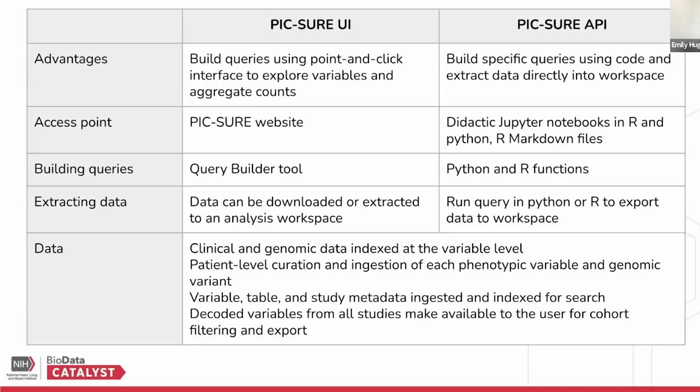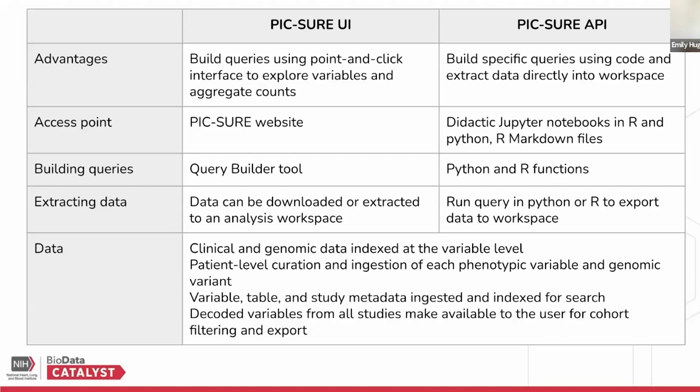So here's just a quick summary of the two parts of Picture. There's the UI, user interface, and the API, application programming interface. I'm not going to go through this in too much detail. I just wanted to provide it more as a resource for you if you're not familiar. But just to briefly summarize, the user interface provides you with an easy website point and click interface and a query builder tool that can be used to build your query and select your data.